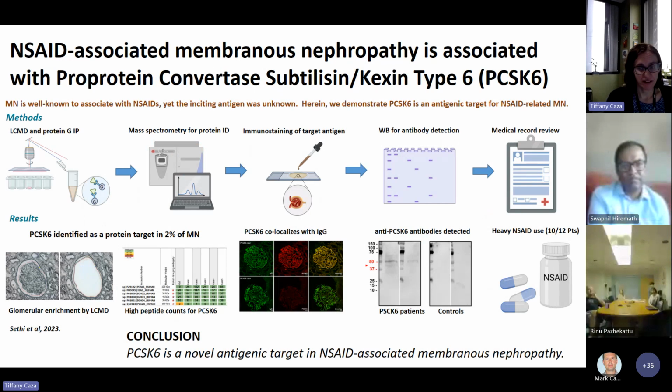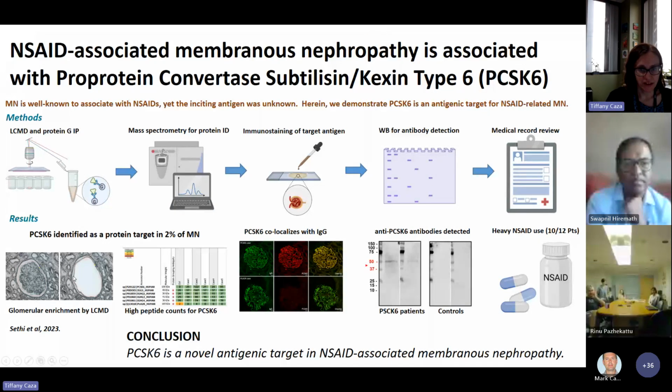A new antigen described in membranous, and this was a collaboration with Arkana and Dr. Sethi at the Mayo Clinic, was NSAID-associated membranous, and PCSK6 is the target antigen. They identified it by laser capture microdissection, and we had it by protein G immunoprecipitation.